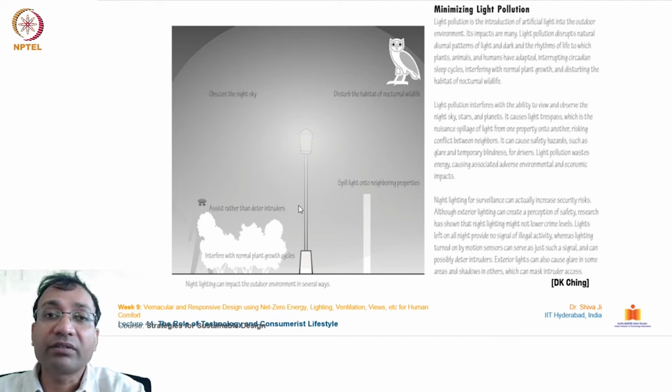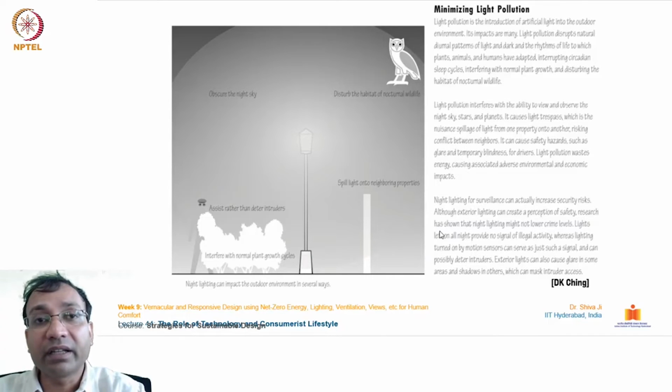So this spillage of light in excess at night time disturbs their cycle also. And then again, spilling of the light into neighboring properties creates an unnecessary lighting condition for the neighbors.